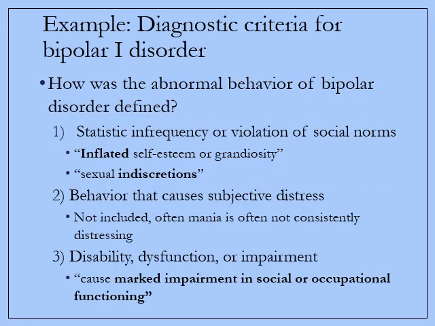So, using these diagnostic criteria, how was abnormal behavior defined? And we can go back to our 3 clusters of abnormal behavior definitions. There was an element of statistical infrequency or violation of norms. One of the criteria, I think in criterion B, was that a person has to have inflated self-esteem or grandiosity. So what does that look like?